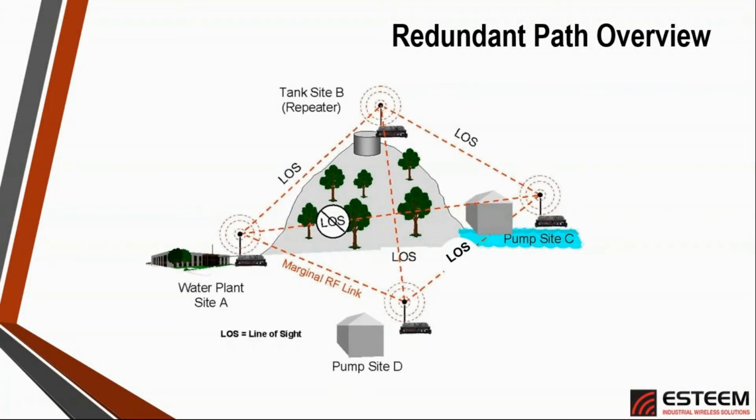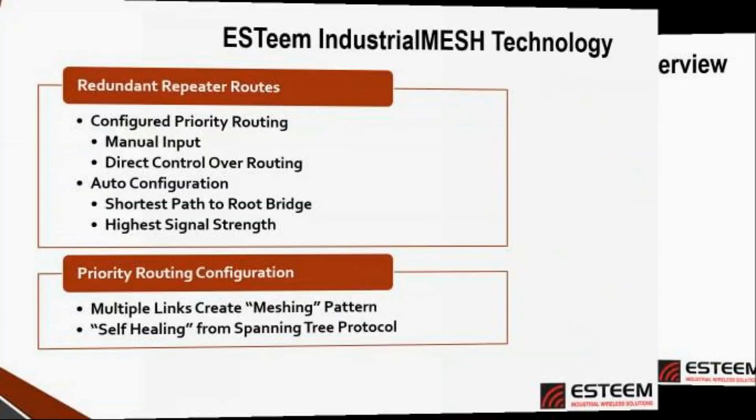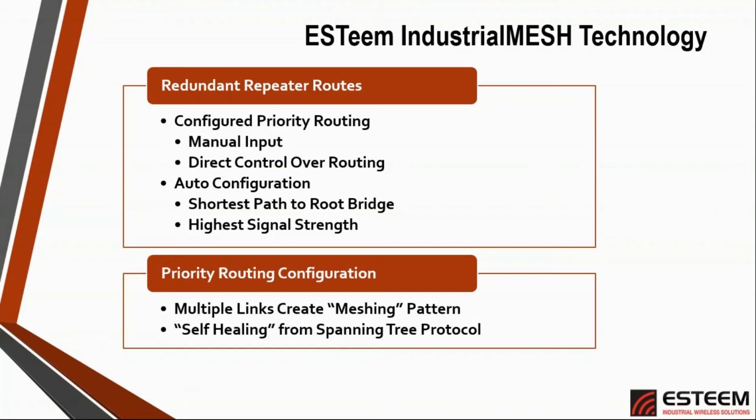Now, this will look familiar if you've gone through the previous sections of our utility, because this is our redundant path layout and why we needed to do that. This is how we're actually going to configure these radios. What I'm making reference to is that when we're talking about this industrial mesh, there are two ways that a mesh type of technology can be entered.